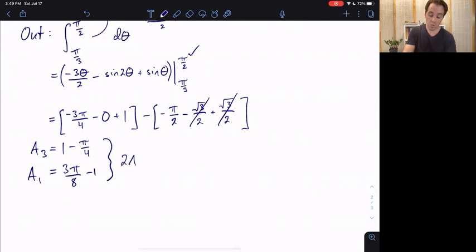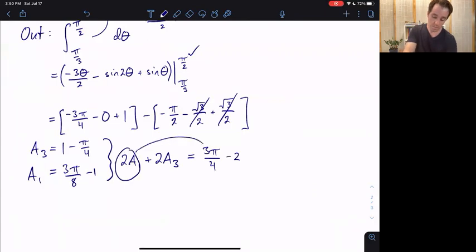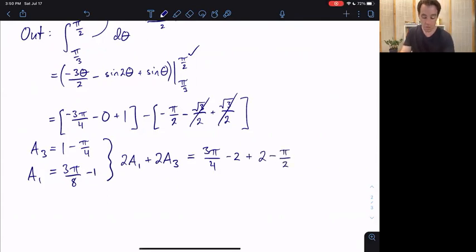And what we want here is 2A1 plus 2A3, because remember, A1 was half of the portion just governed by the cardioid, and A3 was half of the portion governed by the cardioid and the circle. So really, we need to double both of them and then add them together. Well, this is going to be 3 pi over 4 minus 2. That's the 2A1 part, plus 2 minus pi over 2.